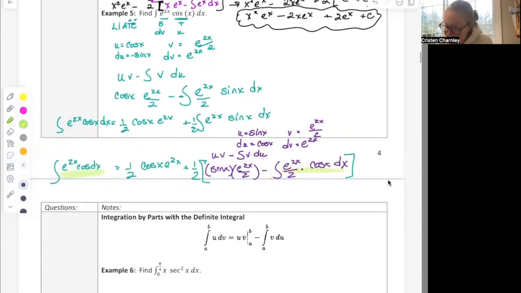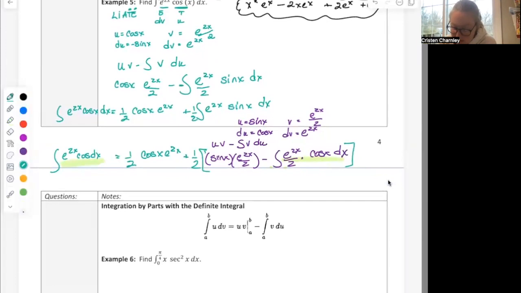Now, I feel like I have a sign error here, but I'm going to go with it anyway. If this is a negative 1/2, actually, I should distribute this 1/2 all the way through. 1/2 is messing me up, I'm not going to lie.